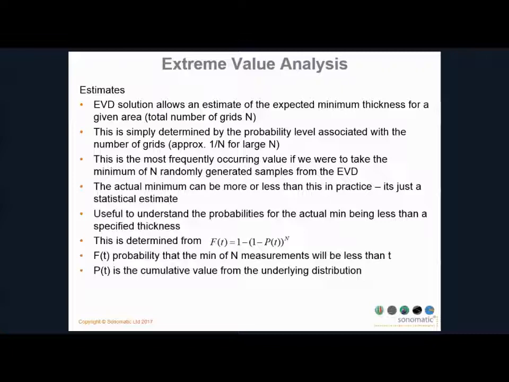In practice, obviously, the minimum can be more or less than this because that's really a statistical estimate. So it's also useful to try and understand the probabilities for the actual minimum being less than a specified thickness. And that's determined from the equation which relates the probability of the minimum for n measurements to the cumulative value for the underlying distribution. So once you've established that initial distribution, you can then make estimates for the minimum for a much larger area.